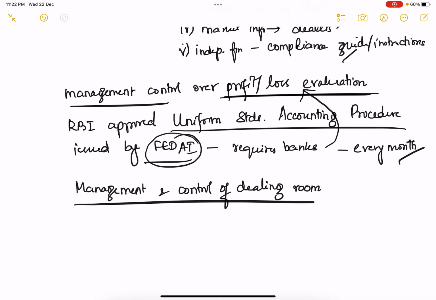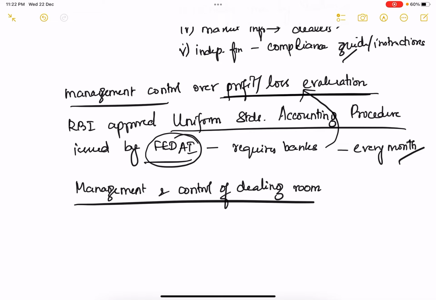So as I told you, RBI has approved this Uniform Standards Accounting Procedure for the management of dealing room operation, focusing on risk associated with foreign exchange dealing room operation.